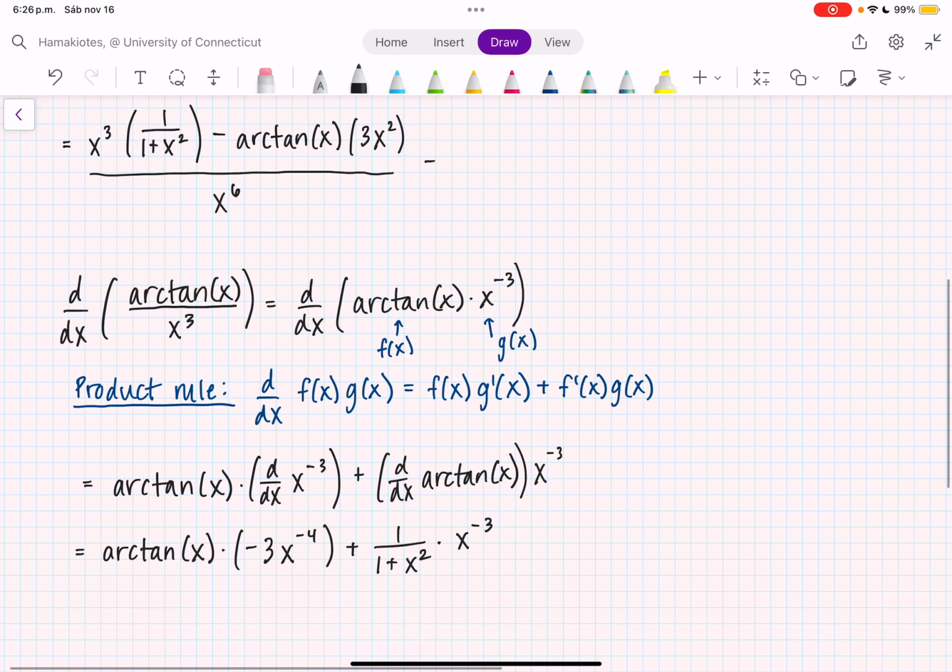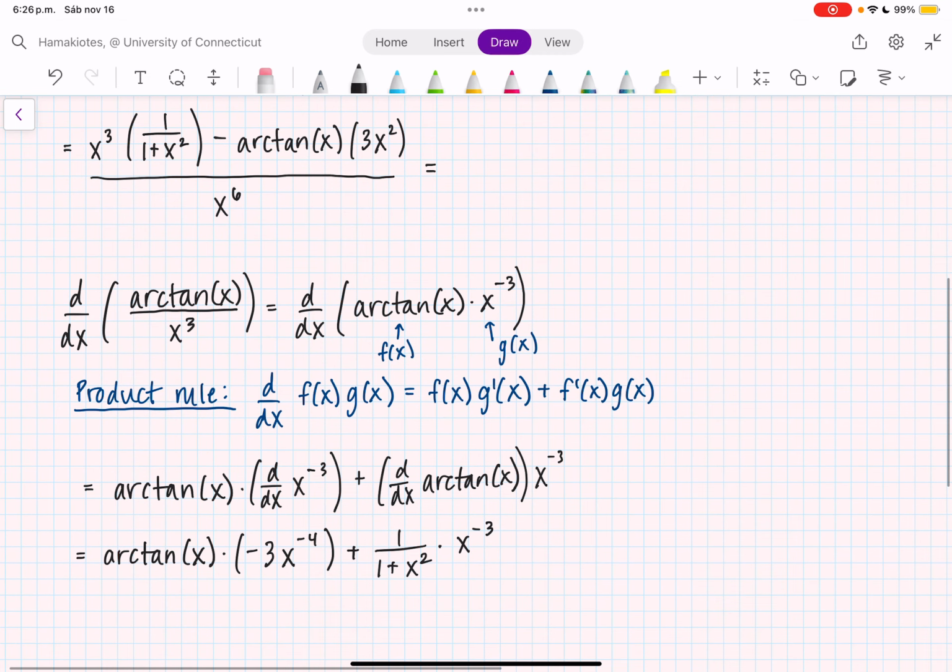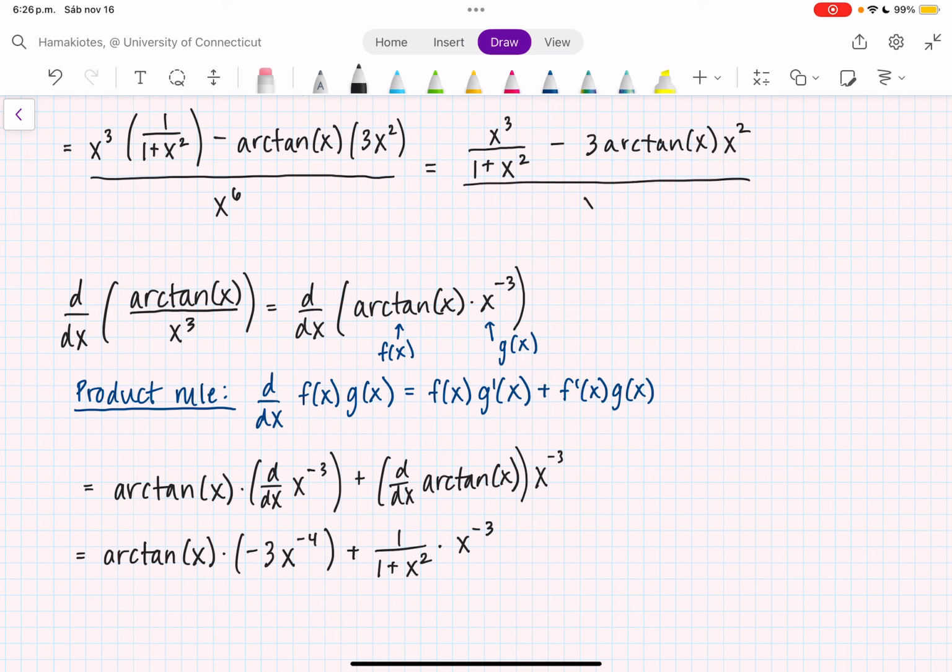So first, I'll do a little bit of simplifying here. So I'll write x cubed over 1 plus x squared minus 3 arctan of x times x squared. This is all over x to the 6th.